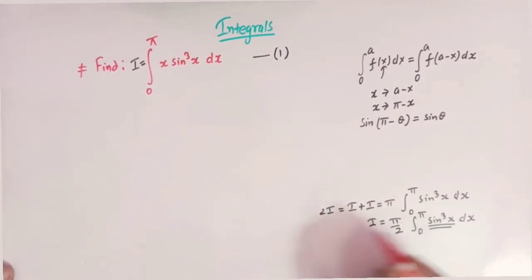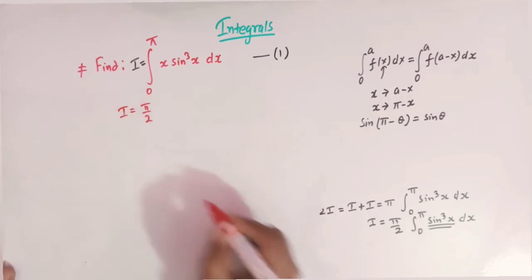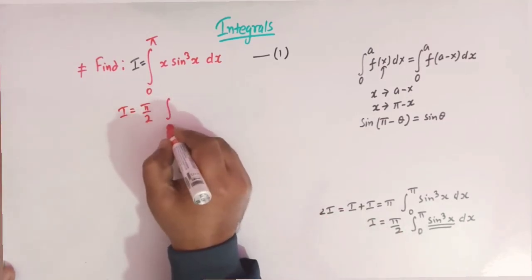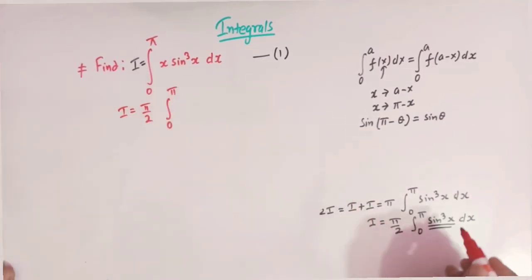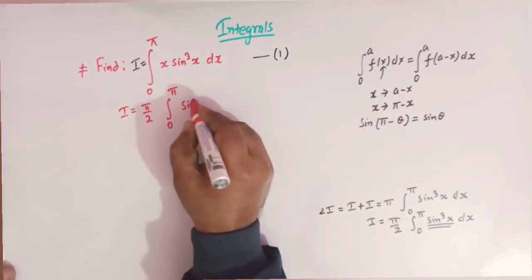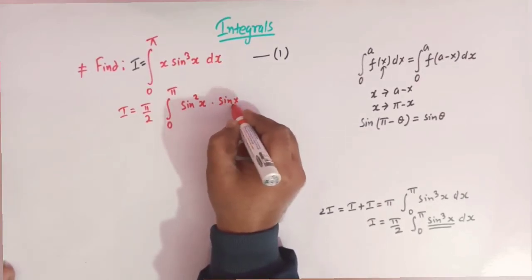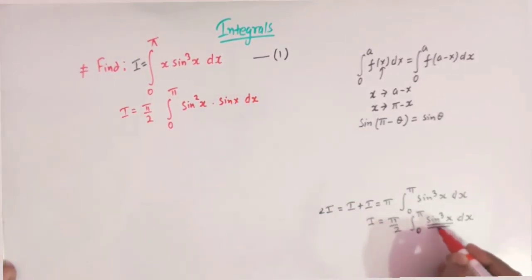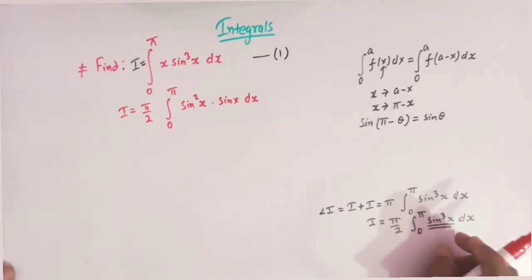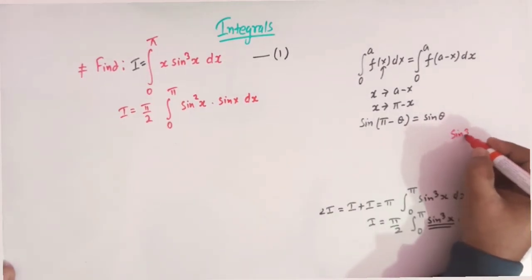So now we can write I is equal to pi over 2, and see, here we have 0 to pi, and now sine cube x can be written as sine square x times sine x, right? So here we can also apply the identity for sine cube x in terms of sine 3x, right?